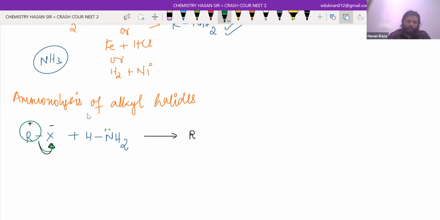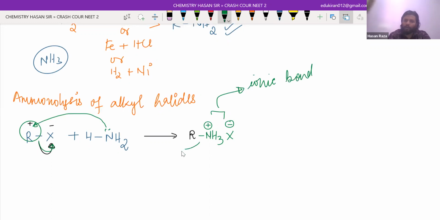So this will be attacking on the R. That means this nitrogen will be making a coordinate bond with the alkyl group, and it will have positive charge, and X has negative charge. So there will be an ionic bond. So basically NH3 positive and X negative will have an ionic bond, and R and NH3 has a coordinate covalent bond. It is also a covalent bond, a special type of covalent bond that we call coordinate covalent.